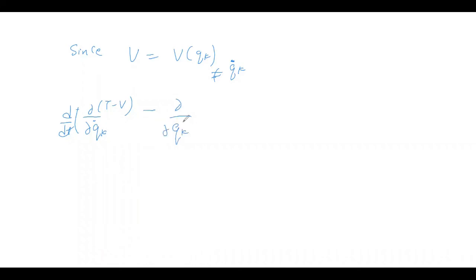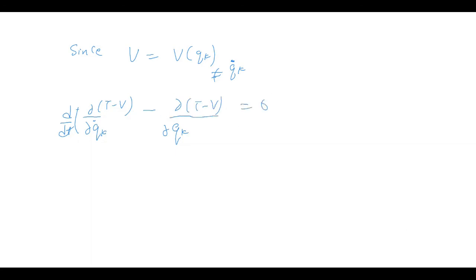Now, since the potential V is only a function of generalized coordinates, not a function of generalized velocity, we can write the equation again: d/dt of delta by delta Qk dot of T minus V, minus delta by delta Qk of T minus V, equal to 0.